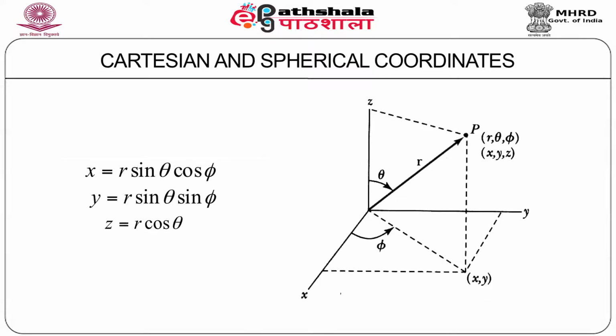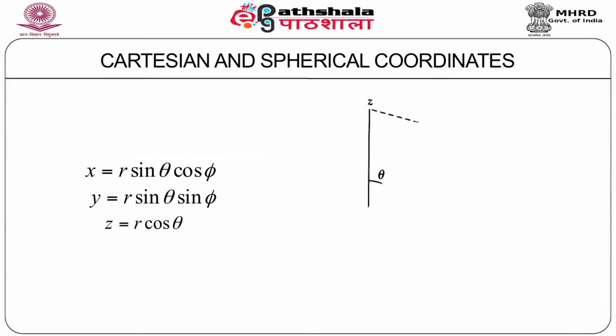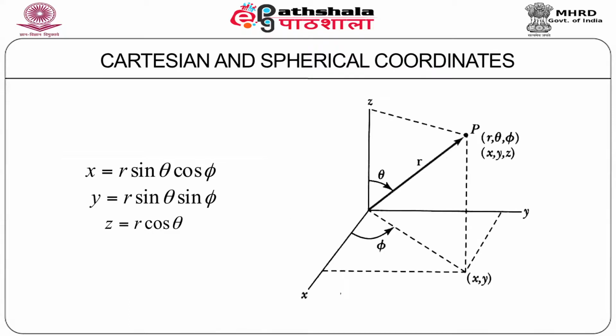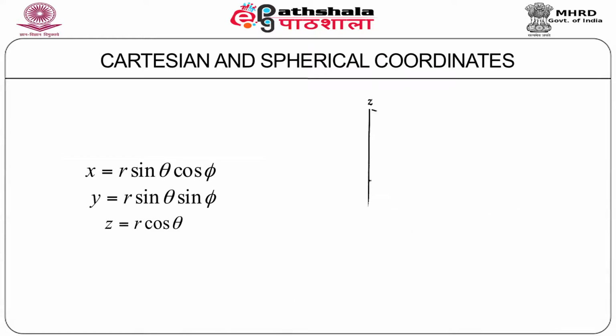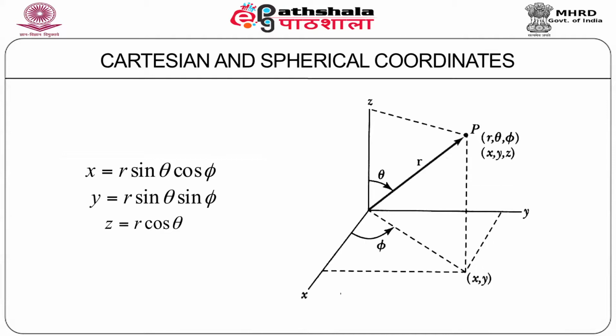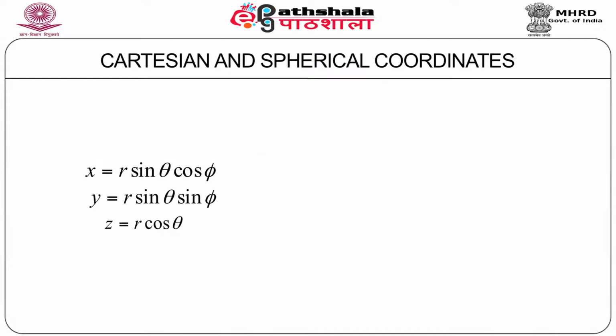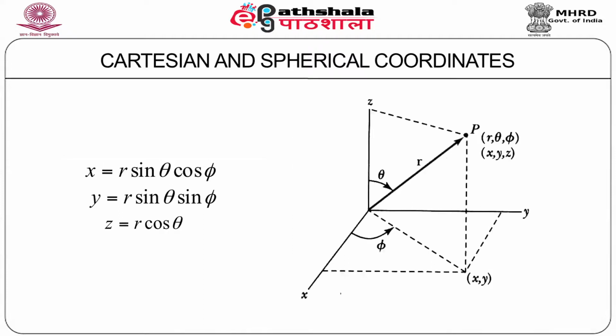The point P is described in terms of r, which is its distance from the origin, and the angle theta which r makes with the z-axis. Then you have to be a little careful in defining phi in a right-handed system. You drop a perpendicular from P, join that point to the origin, and the angle which it makes with the x-axis is phi.